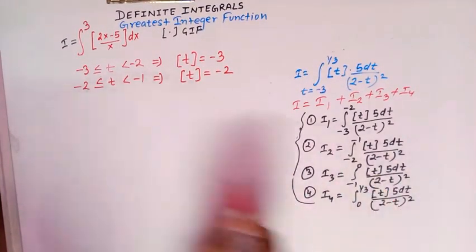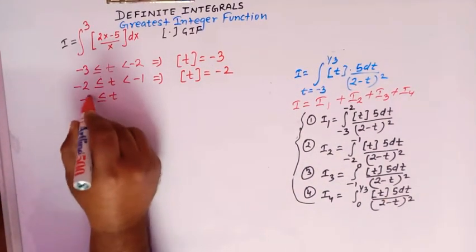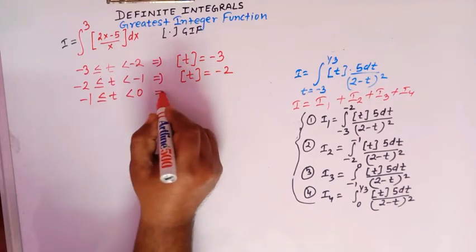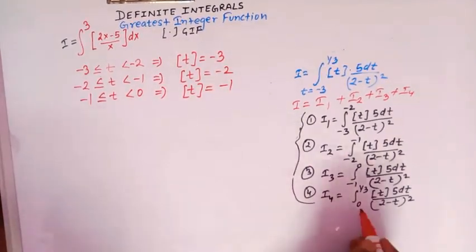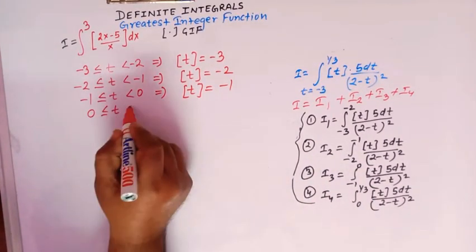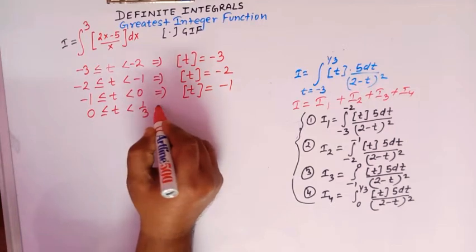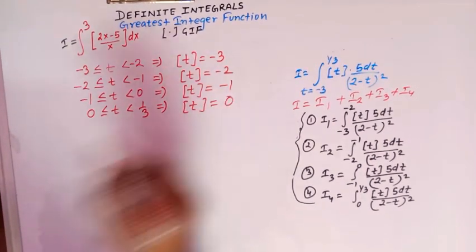When t varies from -1 to 0, the value of [t] is equal to -1, and when t varies from 0 to 1/3, the value of [t] is 0.